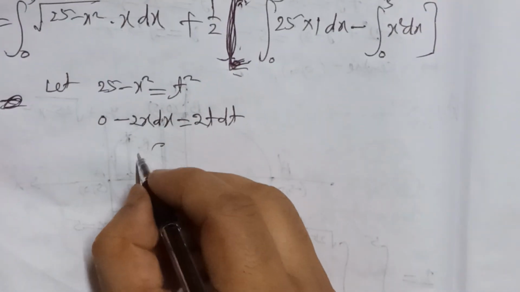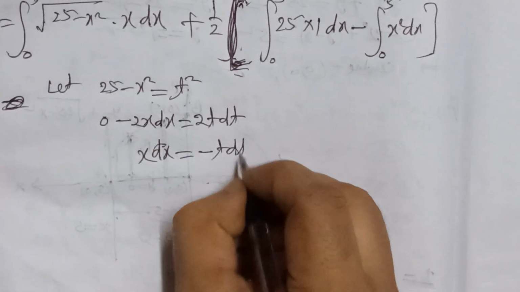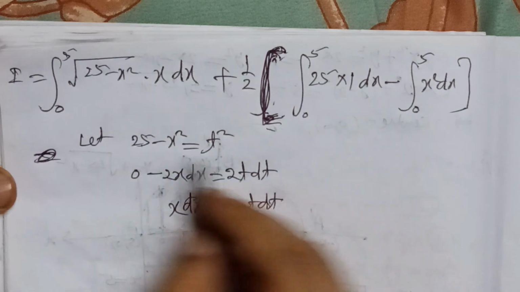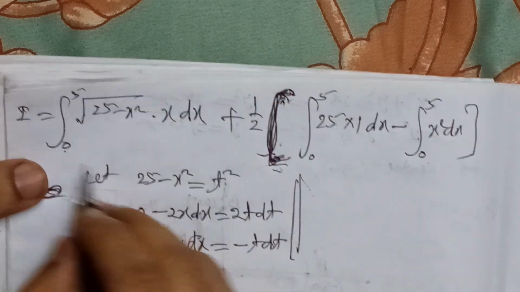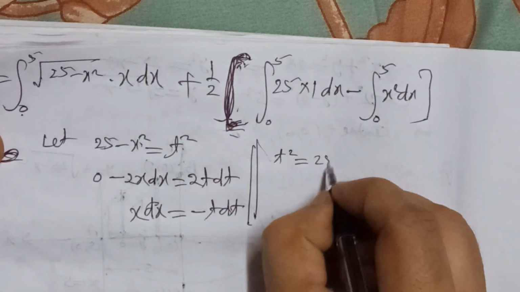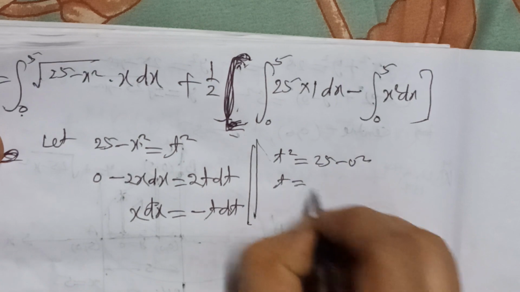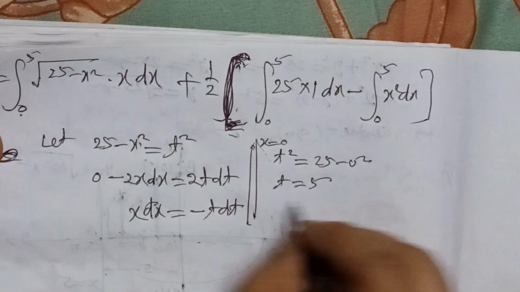Cancel out t, and transposing the minus sign to the right hand side we get x dx equal to minus t dt. And the limit also will change. When I put x equal to 0, we get t square is equal to 25 minus 0 square, therefore t is equal to 5.